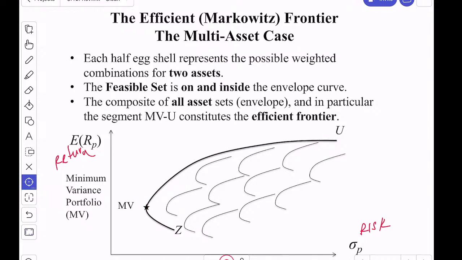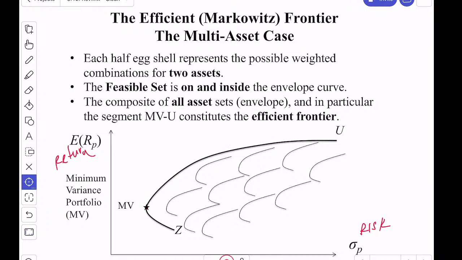Okay, these are all feasible, these are not, because for all of these, an investor can get a higher return with a lower risk. So they wouldn't pick any of these. This would be the one that they would pick when choosing between any of these. A rational investor is capable of making all these calculations and is aware of all this information. So they wouldn't pick any of these. They would start picking from MV to U.